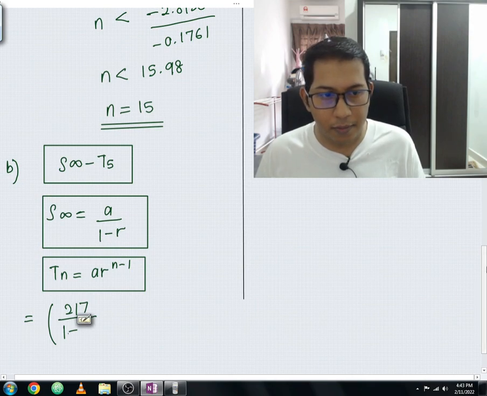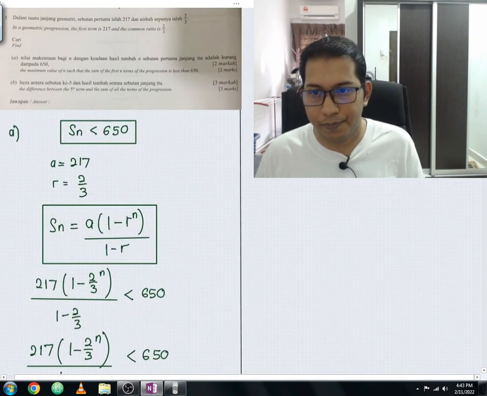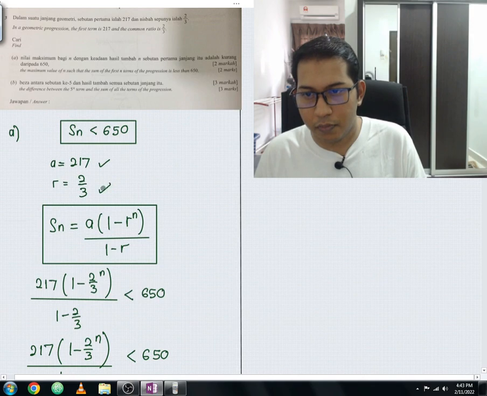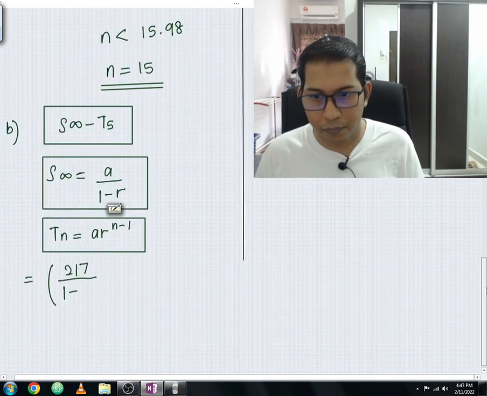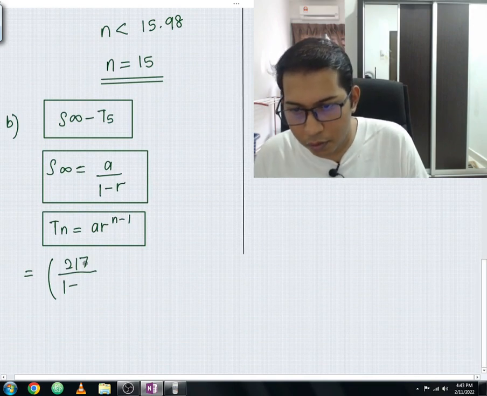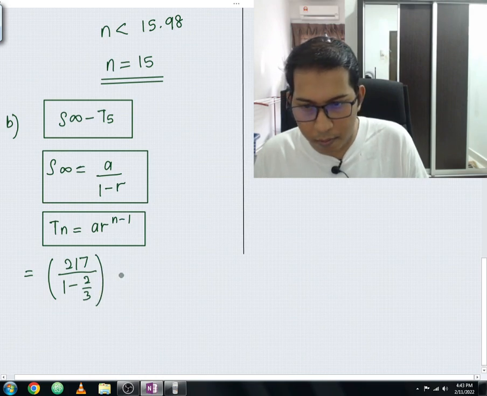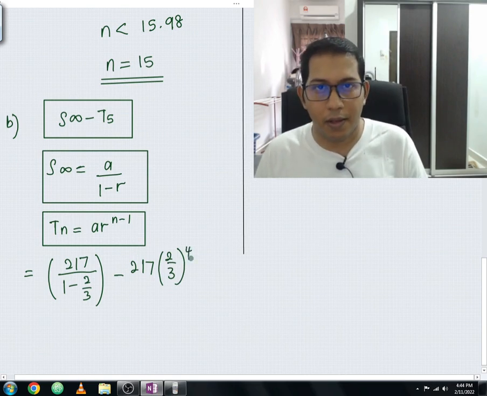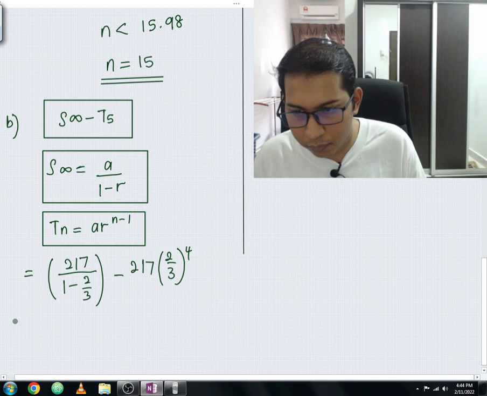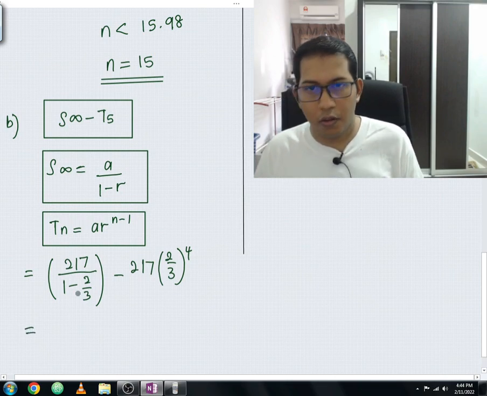In case you forget, the information is over here: first term A is 217, R is 2 over 3. So 217 divided by 1 minus 2 over 3, minus 217 times the common ratio 2 over 3 in a bracket, to the power of 4. Let us perform the calculation one by one.